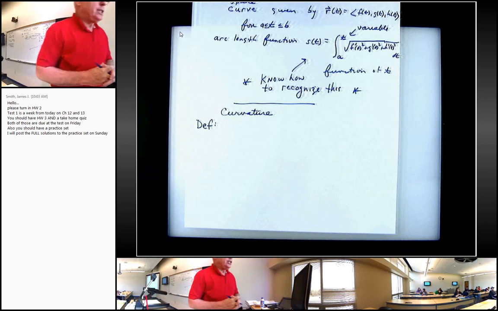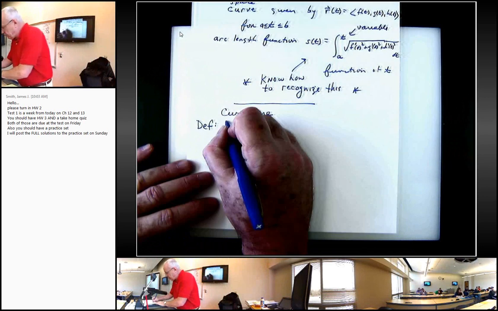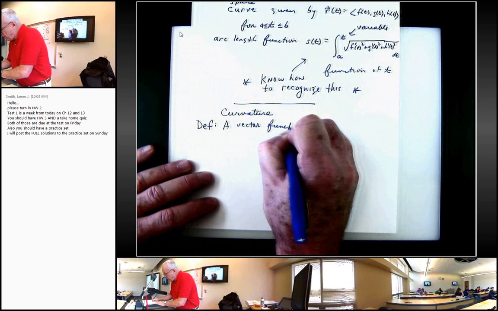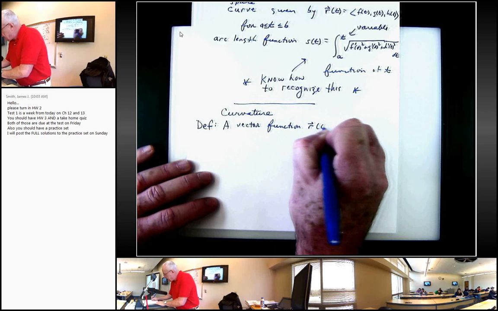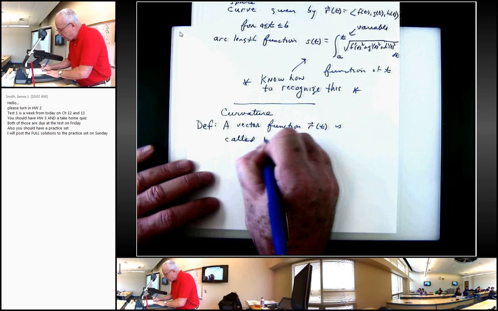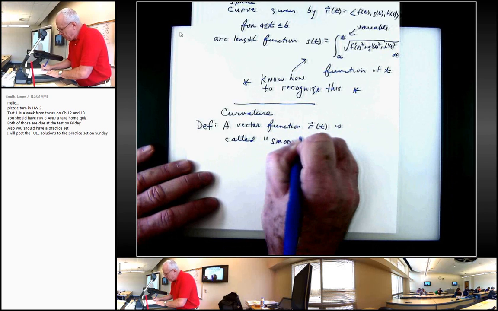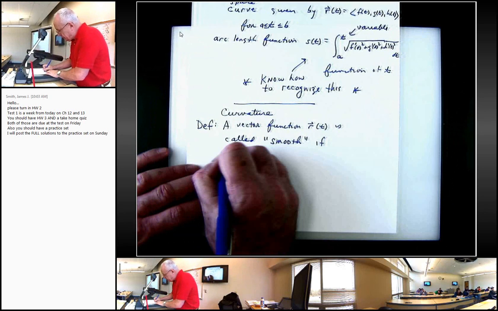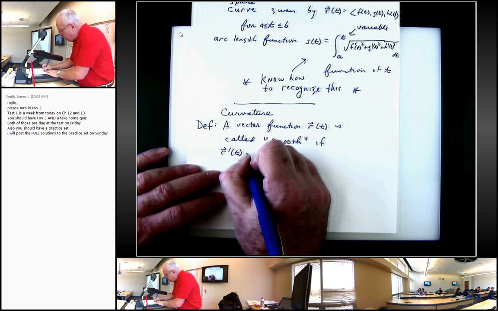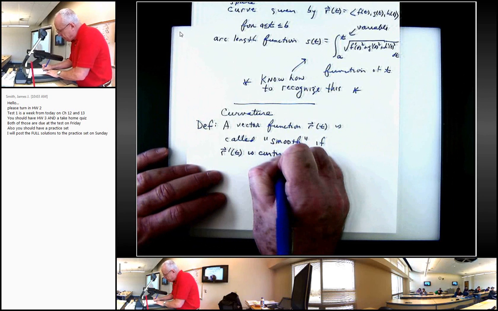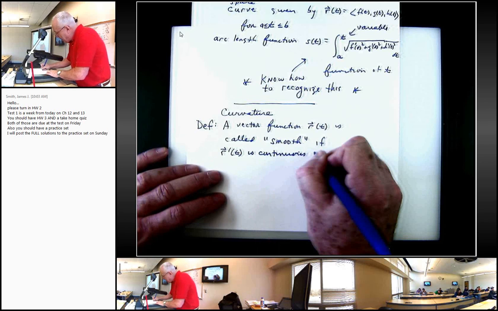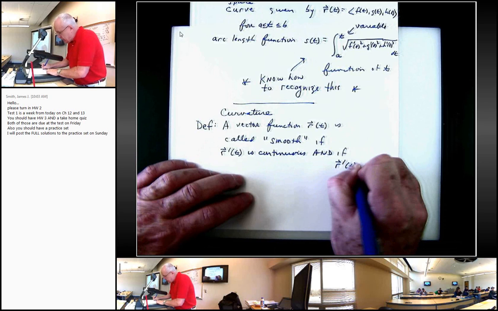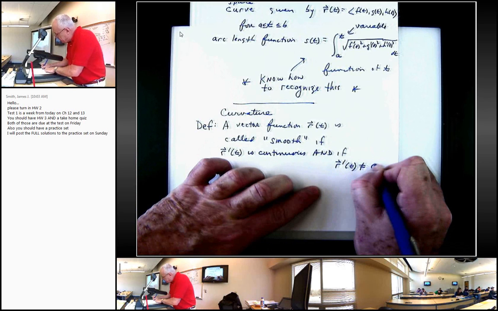A vector function r of t is called, quote unquote, smooth if its derivative is continuous, if r prime of t is continuous, and if r prime of t never equals the zero vector.